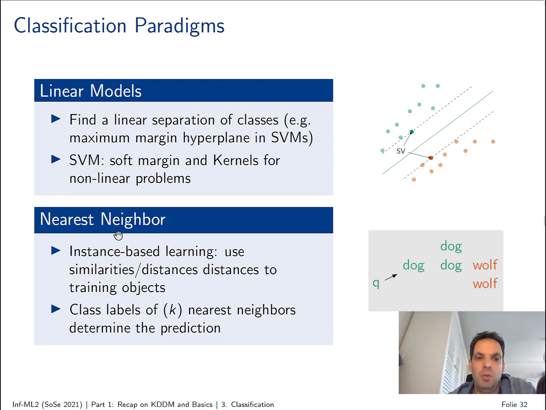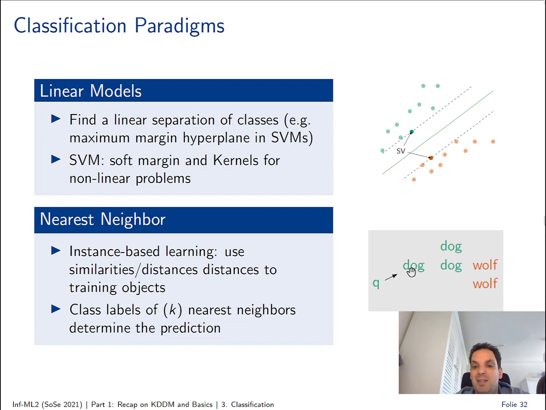Finally, I want to also mention the nearest neighbor classifier. This is a so-called instance-based learner, which means we use just distances or similarity measures to training objects. So we have our training objects here. The green ones are the dogs, the orange ones are the wolves. Now we have one that we don't know about, so we just compute the nearest neighbor of the training objects to this query, to this unknown object.